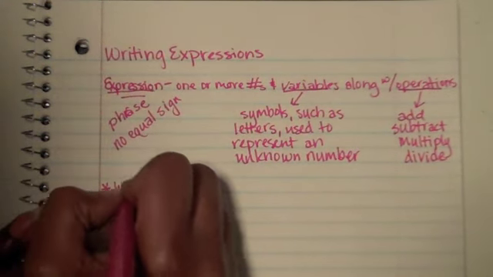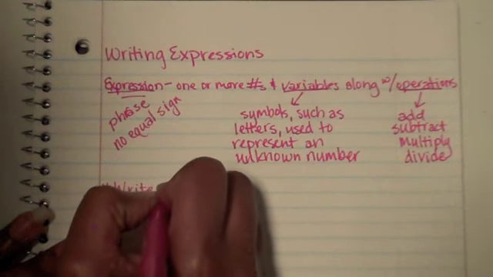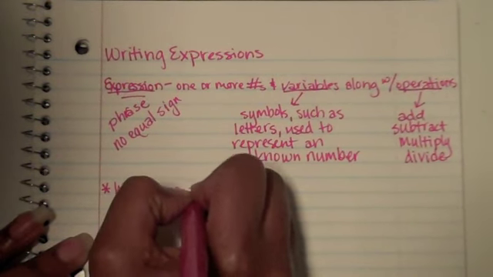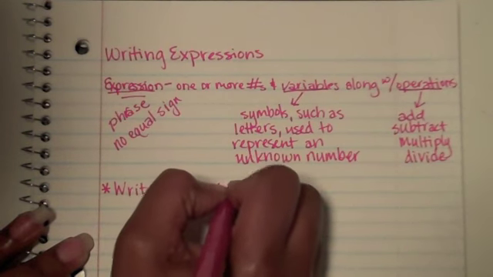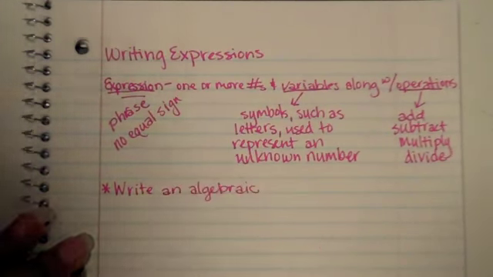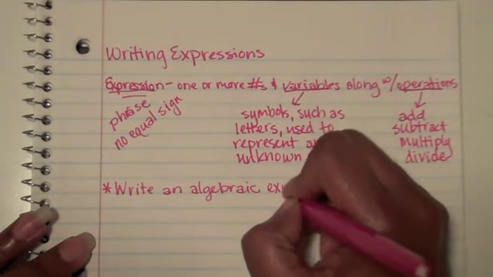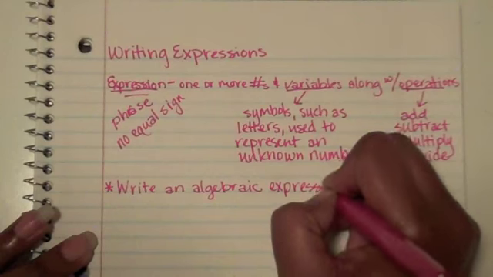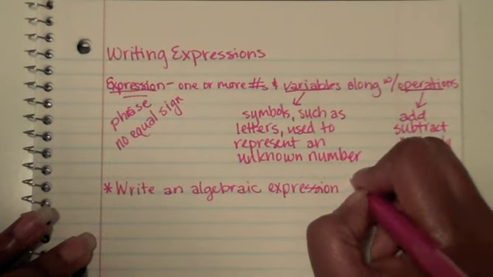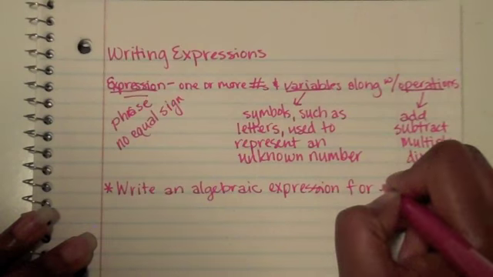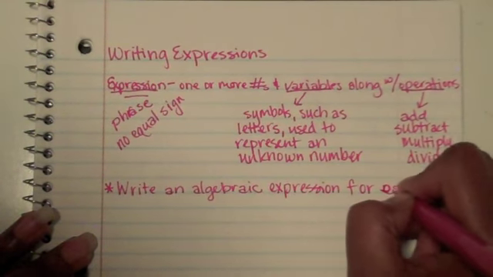All right, so for the first couple of exercises, here are directions. What I want you to do is to write an algebraic expression for each of the verbal expressions.